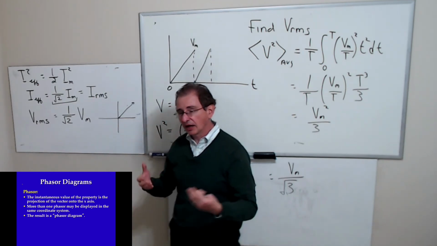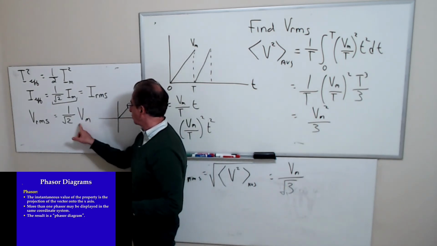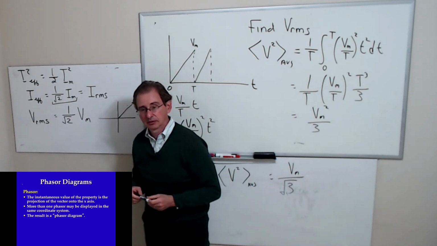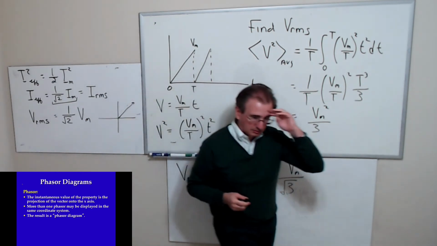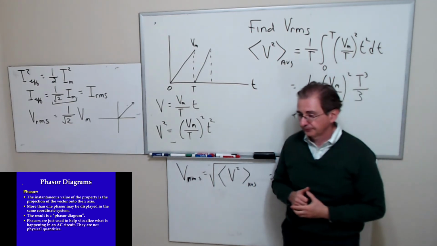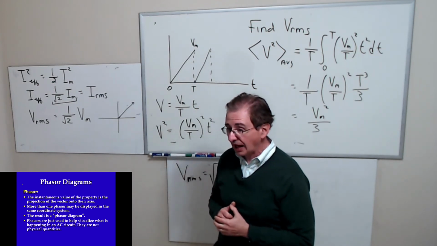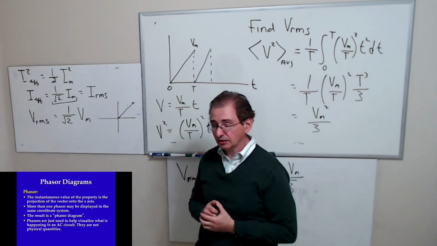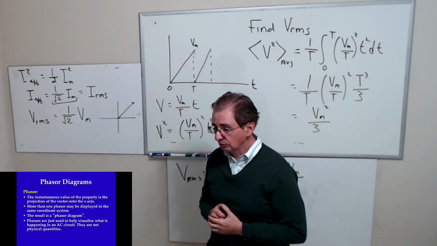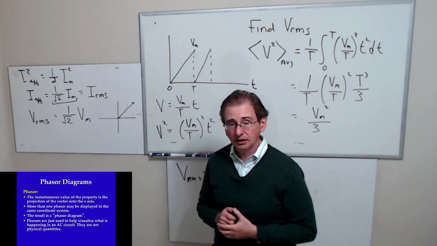Generally, when we're analyzing an AC circuit, we're more interested in the maximum value, as opposed to the instantaneous value. Phasors help us to visualize what is happening in an AC circuit. They're not real physical quantities. They're a mathematical construction. When you do interference in 215, you can use this idea also.